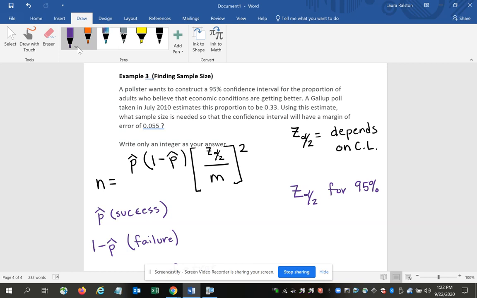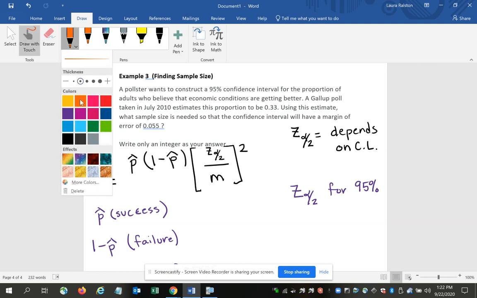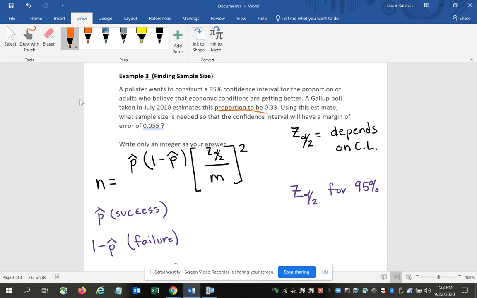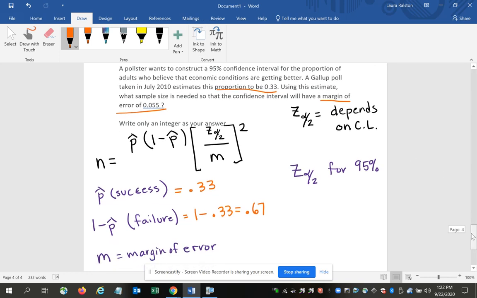Okay, because if I read through this question, it tells me that they estimate the proportion to be 0.33. So my proportion of success is given as 0.33. I can plug and chug to get 1 minus p. 1 minus 0.33 is 0.67. And then it asks me to have a margin of error of 0.055.